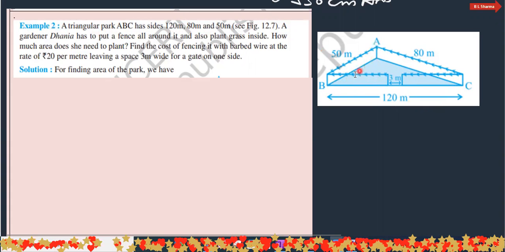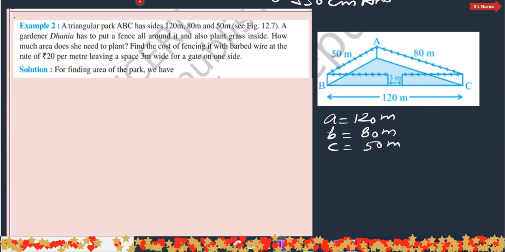Let this point be A, then B, then C, then small a, we can write here: side a is 120 meter, b is 80 meter, and c is 50 meter.